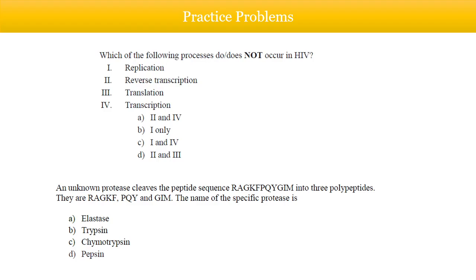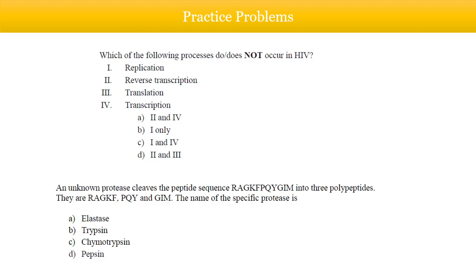Reverse transcription and translation happen in HIV. So 1 and 4 is the one. You will find reverse transcription and translation in the HIV life cycle.